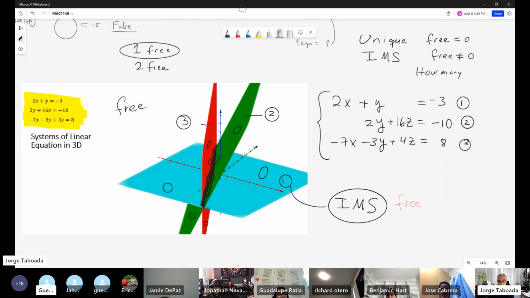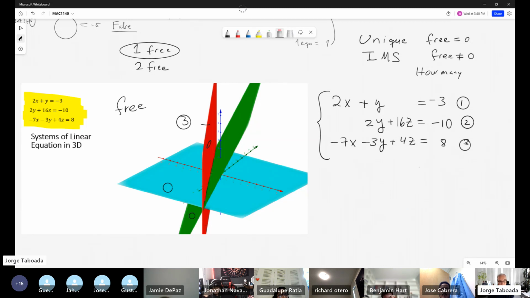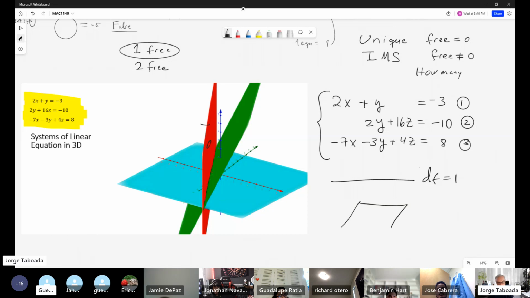So that direction is the free variable? Exactly, the degree of freedom. Do you understand that one line is where all the points are? Degree of freedom one. Do you understand this idea? Let me finish.